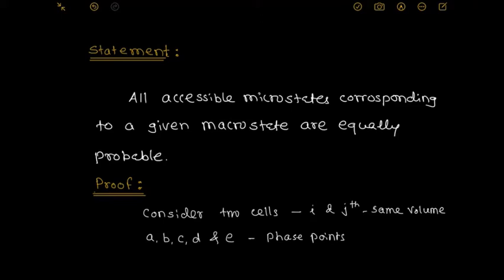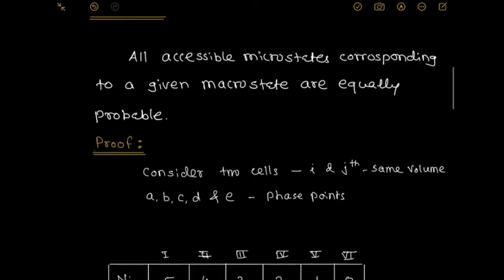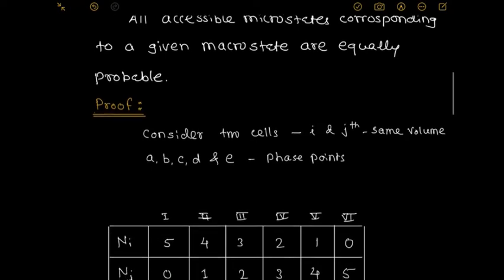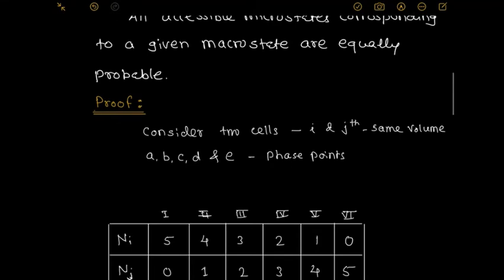Now, we first find how many possible macrostates and their corresponding microstates we get by arranging 5 phase points in the two cells. For that, the number of phase points in the I cell is denoted by Ni, and the number of phase points in the J cell we denote by Nj.